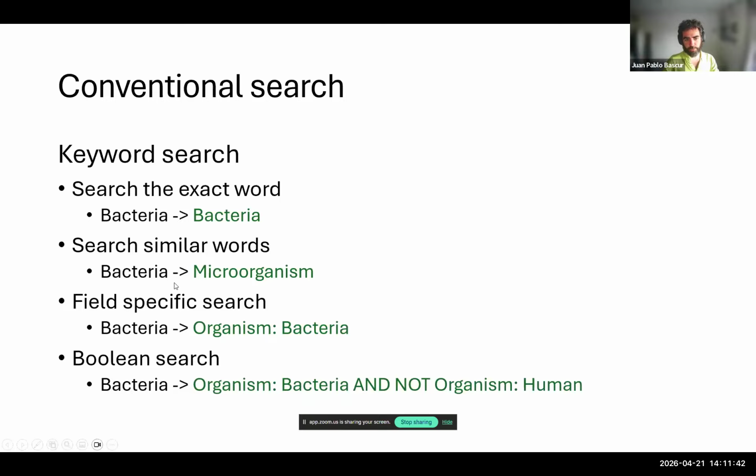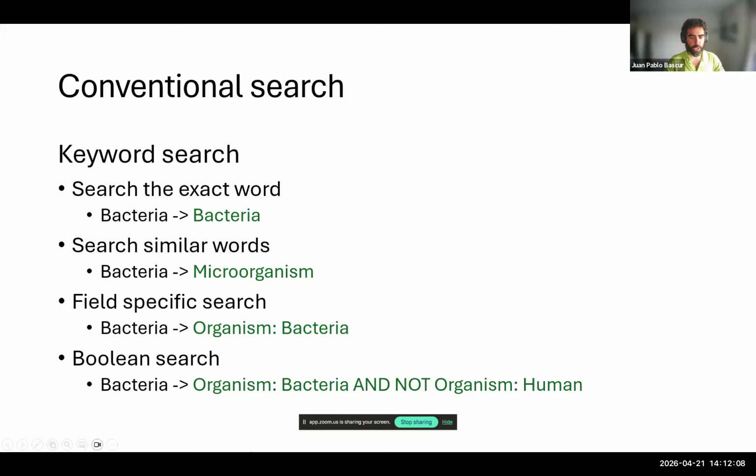Then a field specific search. So this is, for example, when you use the MeSH terms, the subject headings, where you are looking for categories of data. So for example, bacteria as an organism, but it can also mean that you are looking for journals, or you are looking for universities or for authors. So everything that is enriched data, that's field specific.